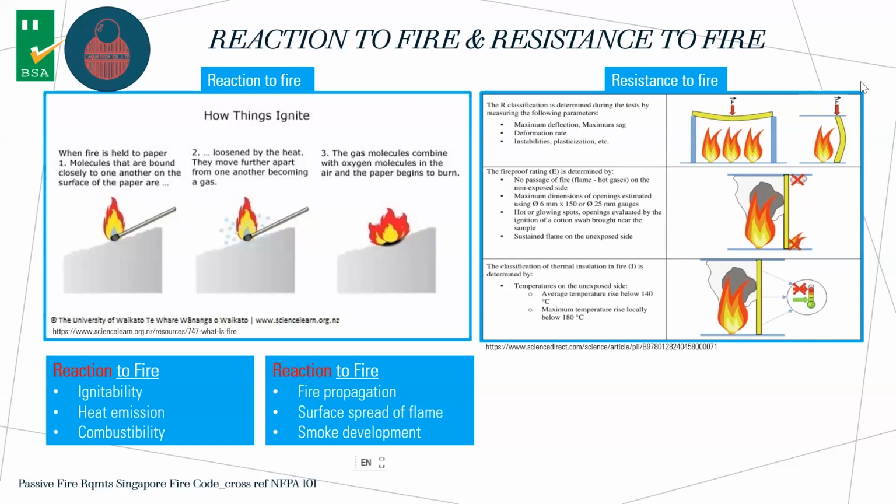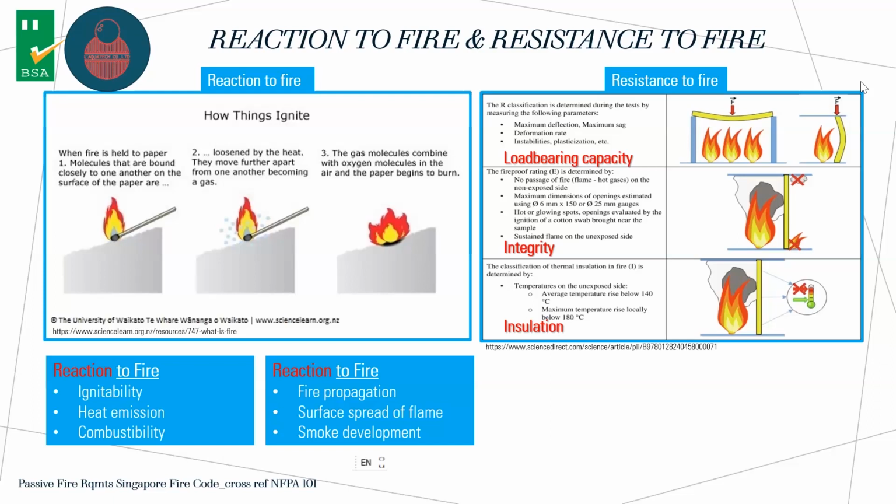Okay, so to measure resistance to fire, we actually have three criteria. For a load-bearing element, it makes sure that it doesn't collapse when it's burned. Integrity is that it doesn't allow the passage of flame from one side of the wall or one side of the ceiling to the other side. And the last criterion is called insulation, which is the prevention of thermal transfer.